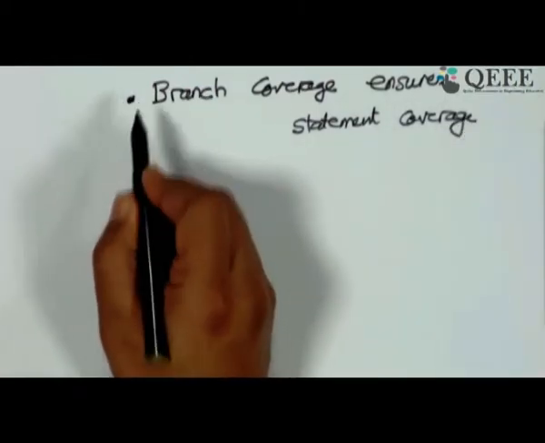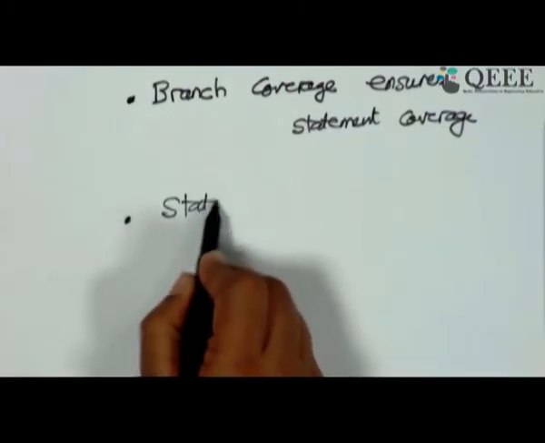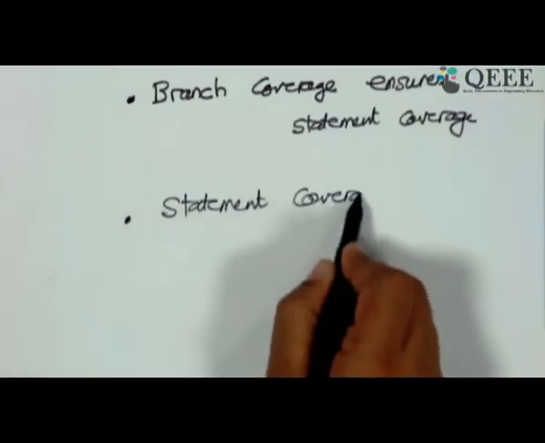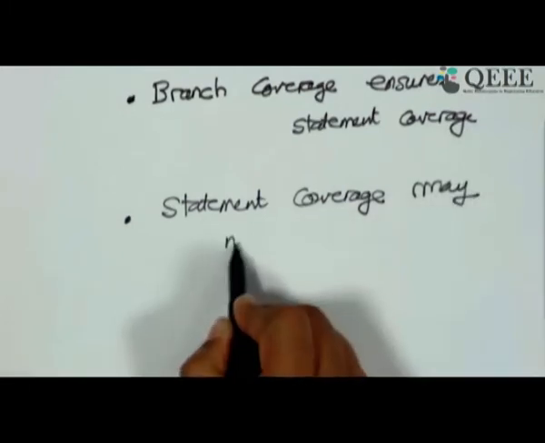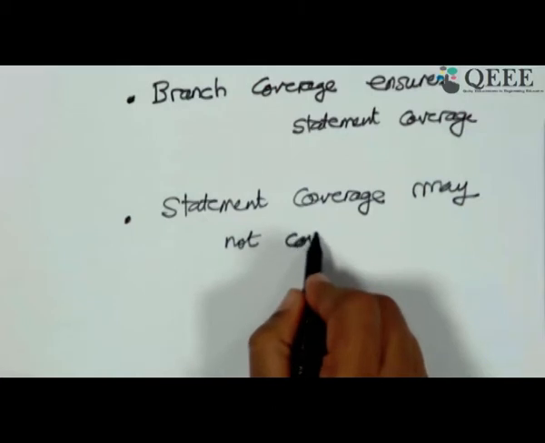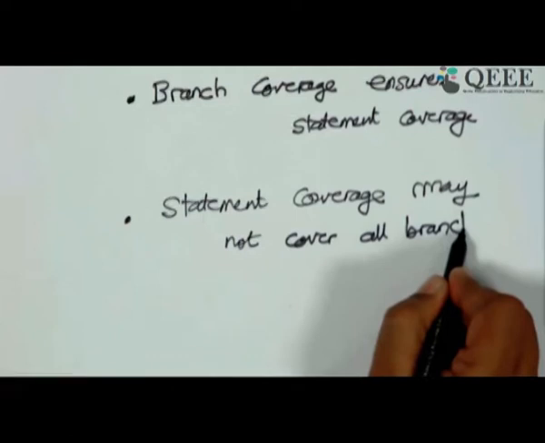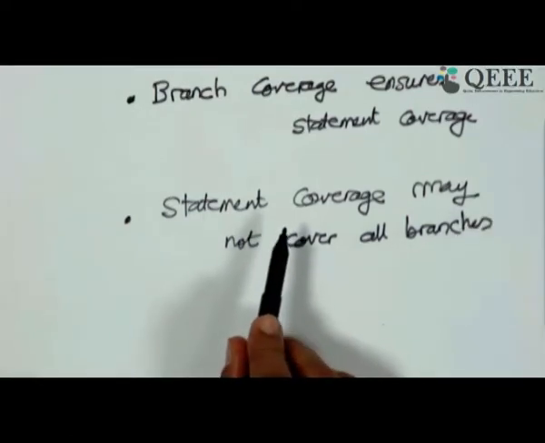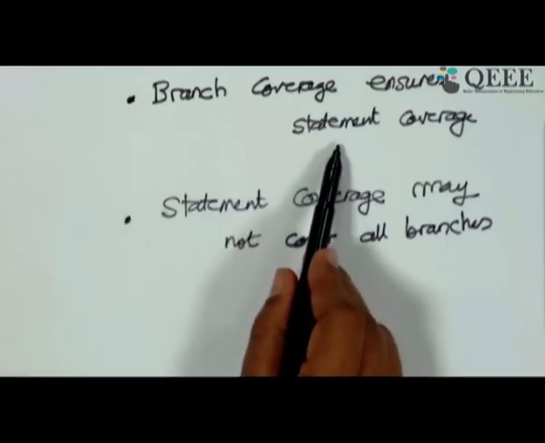Not only this, we will also have to show that statement coverage may not cover all branches. So there are 2 parts to this proof. The first one is straightforward, because every statement will lie on some branch or other.